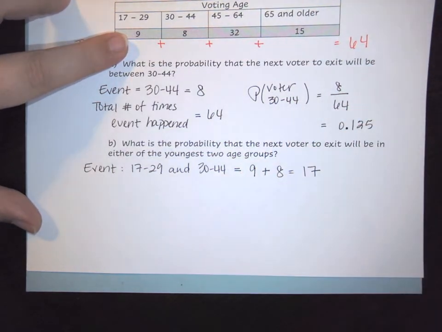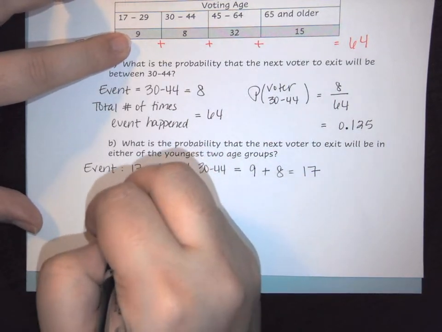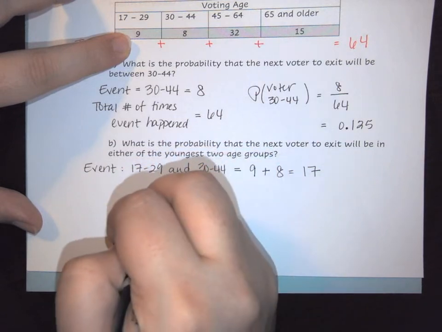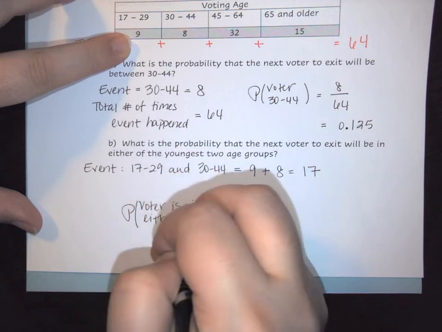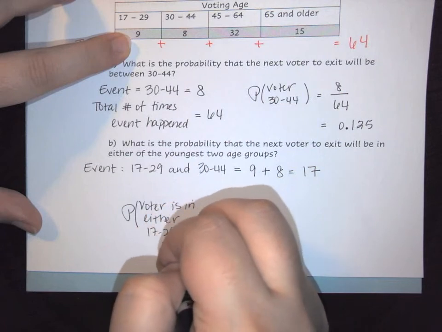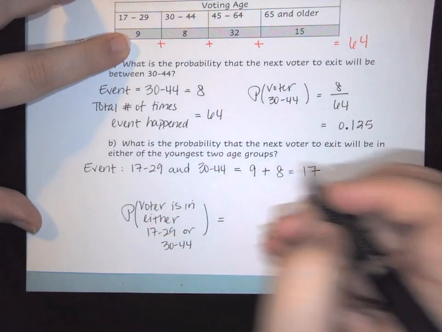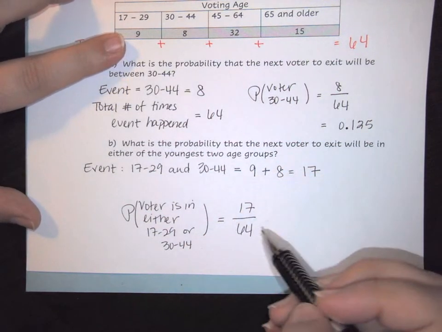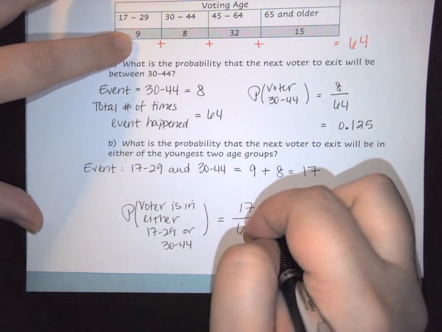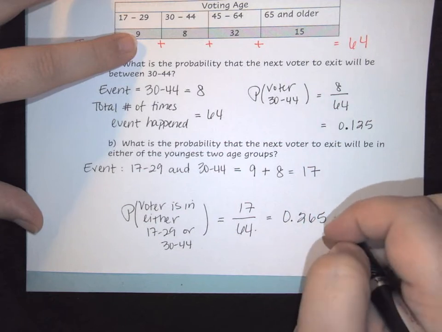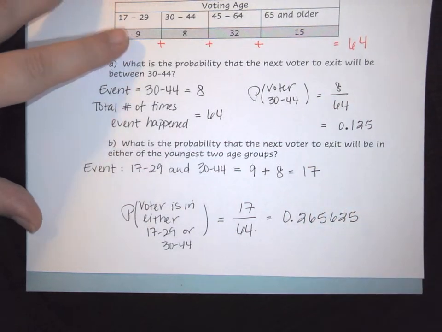That gives me a total of 17 members in that group. So the probability that a voter is in either 17 to 29 or 30 to 44 is going to be 17 over 64. So the number in the group over the number of times my sample has been run. In this case, we get a probability of 0.265625.